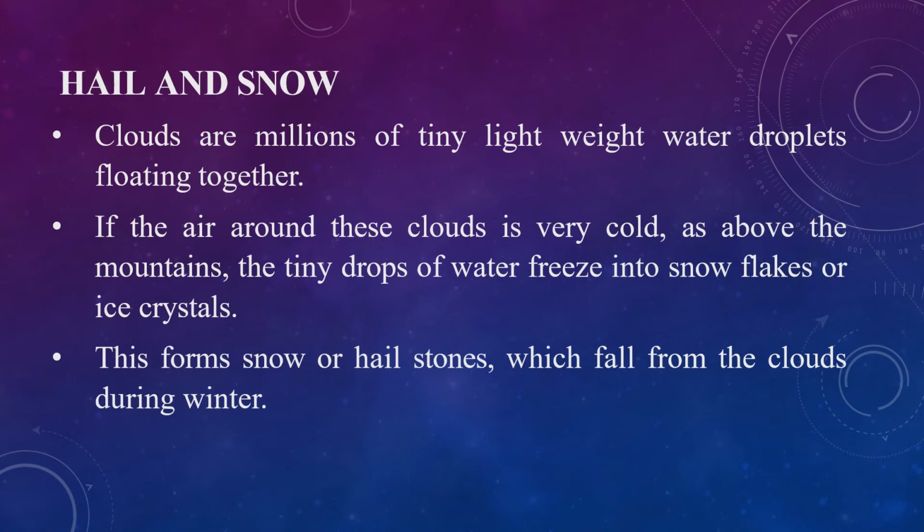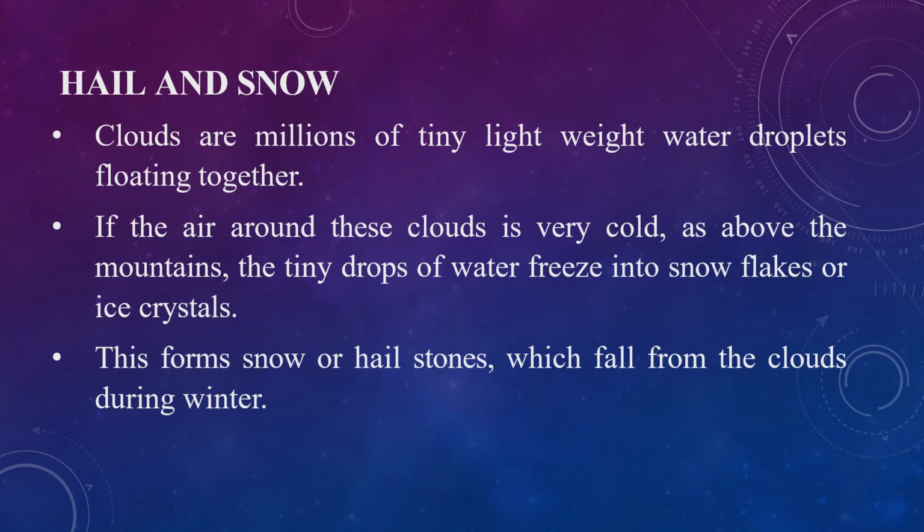So, children, we get snow or hailstones during the winter. Why? Because the air around the cloud is very cold out there and it freezes. It freezes to become tiny drops of water and it changes into snowflakes or ice crystals.